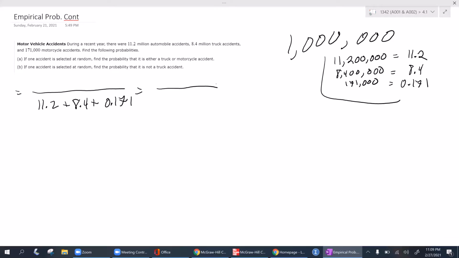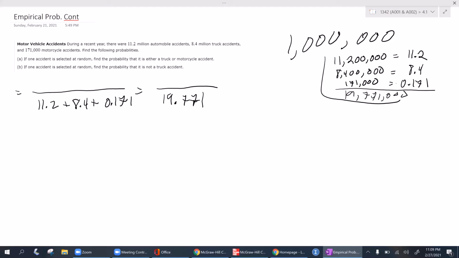I'm going to add all those up together and I get 19.771. If you were to have added these manually, you'd see that this is just 19,771,000. But I don't need to plug in all those zeros, I'm just talking about millions.